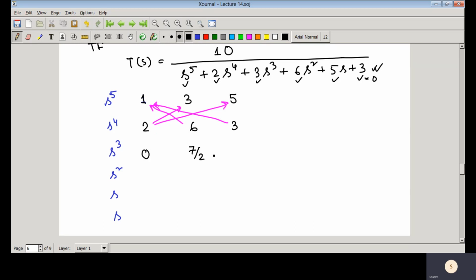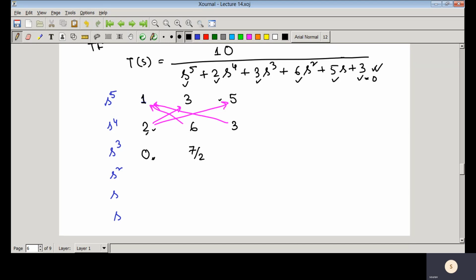Now you can see one thing: whenever the first element becomes 0, then we cannot proceed, because in the Routh table you need to multiply this term with that term, and then divide by the first term. So whenever it becomes 0, how do we proceed?